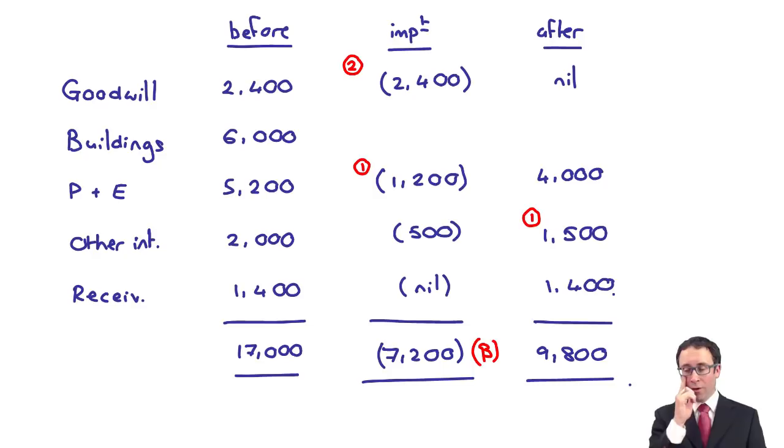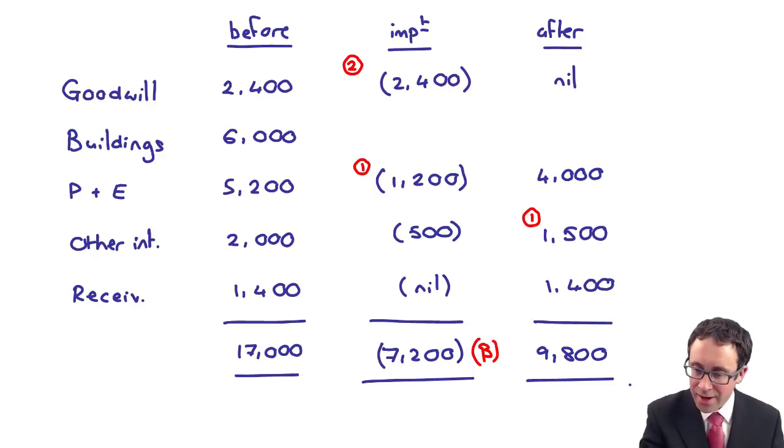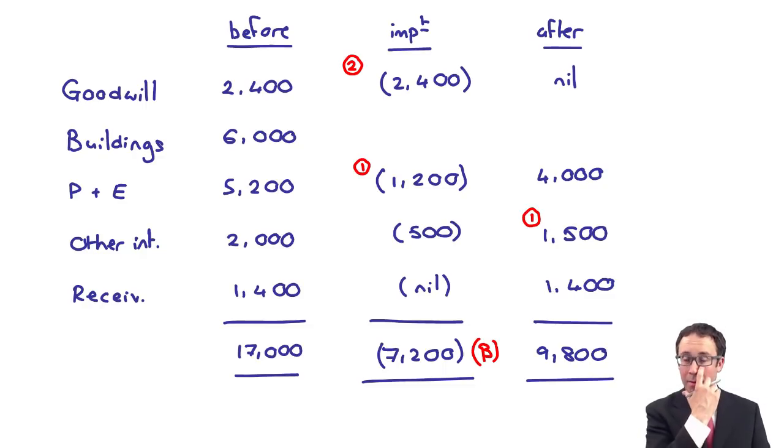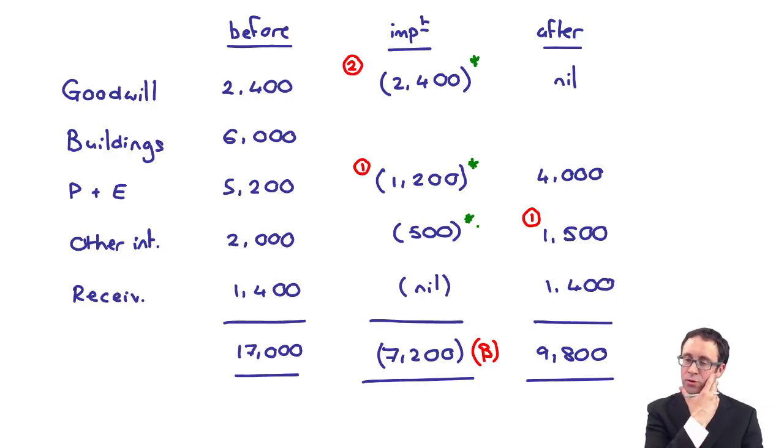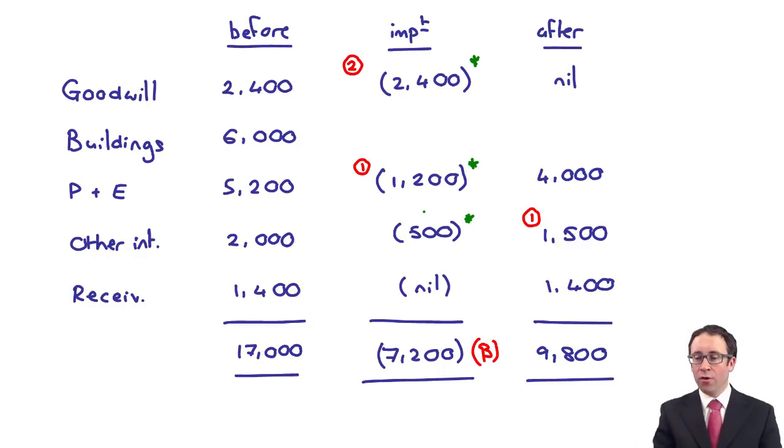So therefore, what we must have now is the rest of the impairment must go to the buildings. Okay. So what have we got? If we go through there and add 2,400, 1,200, and 500, what do we get? 3,600 plus 500 is 4,100, isn't it? Okay. So we've allocated 4,100.